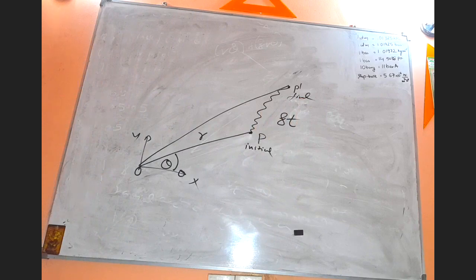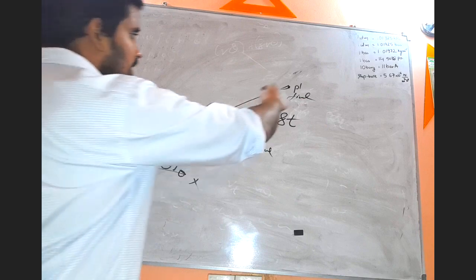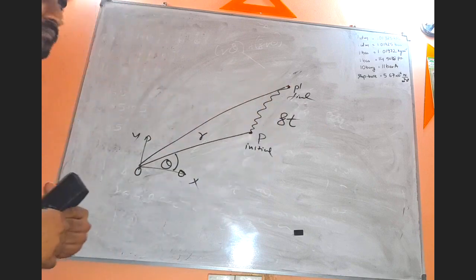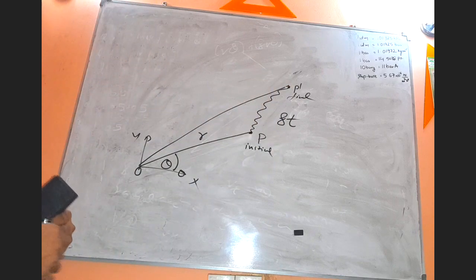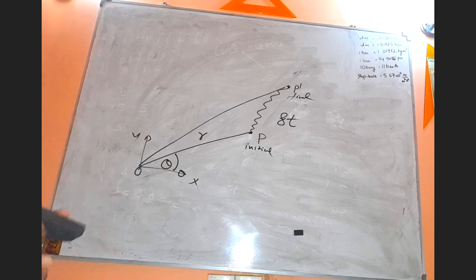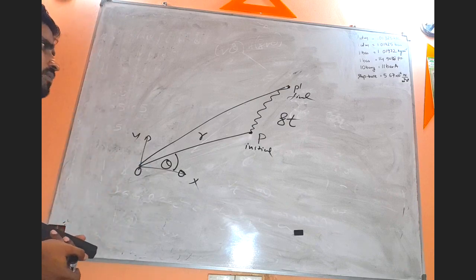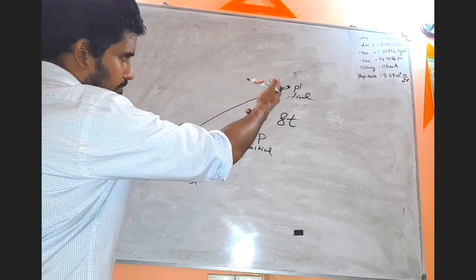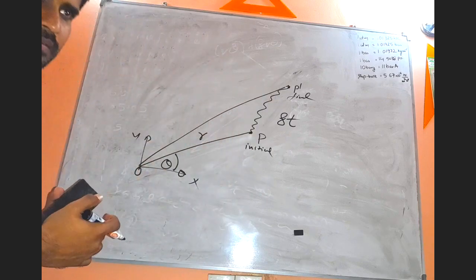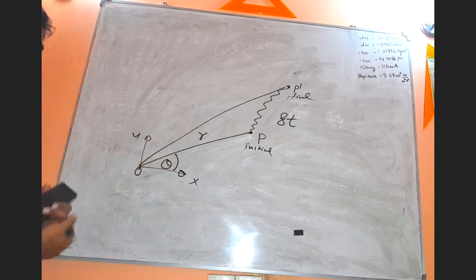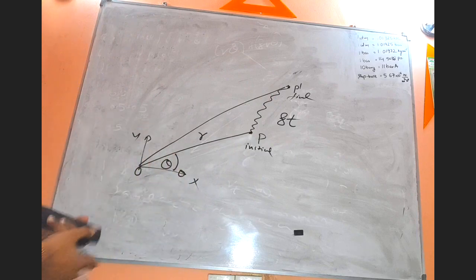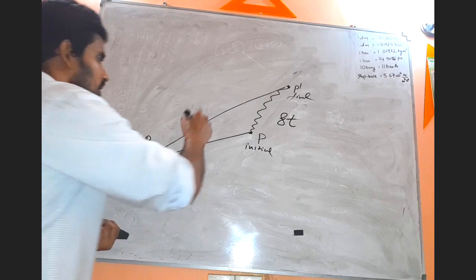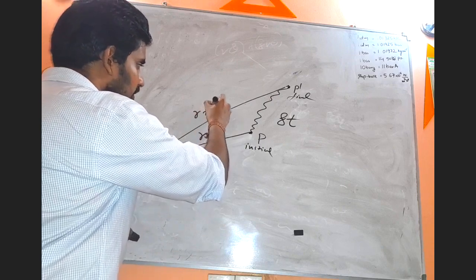Now here you can see there is an increment in this radial distance, or let's call it the displacement. Let's say the present displacement from this origin, or the new radial length, is r plus delta r.